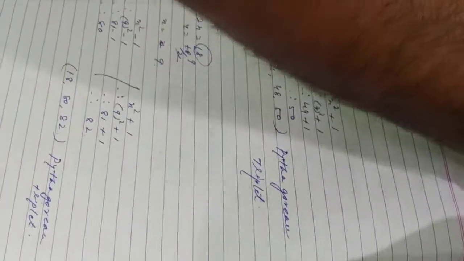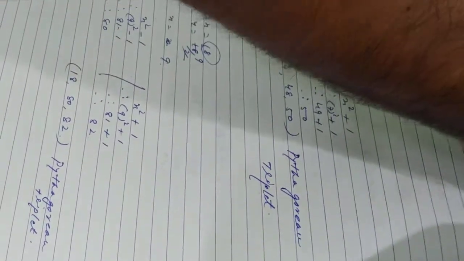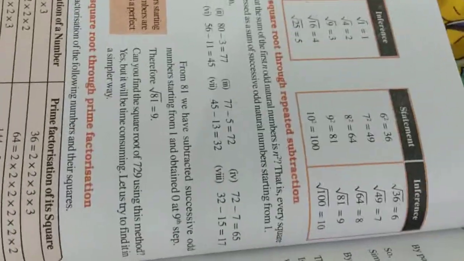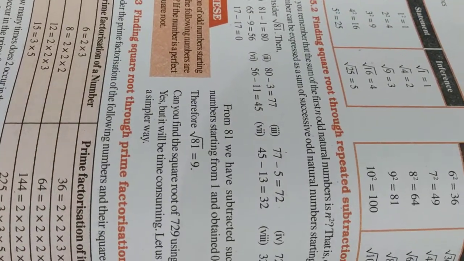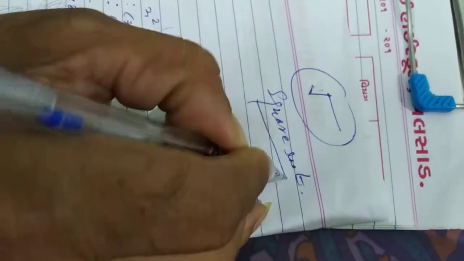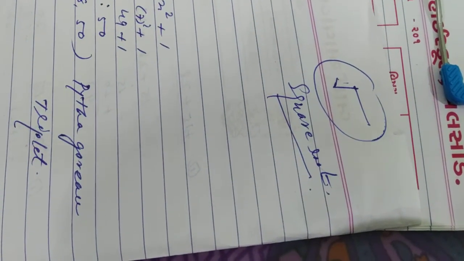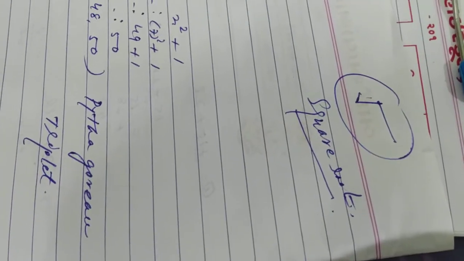Now square root. About it we are already very familiar, right? As well as finding square root through prime factorization, another method is what? Division method. We have two different methods. Now, square root is the inverse operation of what? Square. The square root of a number is denoted by this sign. It's the sign of square root. Got it? The square root of a number is that number which, when multiplied by itself, gives the same result.